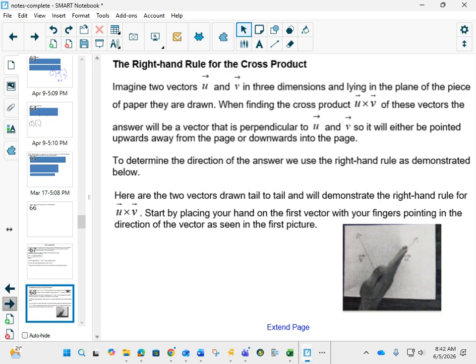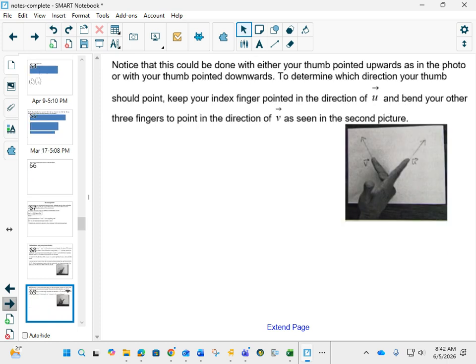Then you need to move your bottom 3 fingers towards the other vector. So if I start on u, I can move my bottom 3 fingers towards v, and my thumb then points up, and that would be an example of that vector shooting out of the paper.